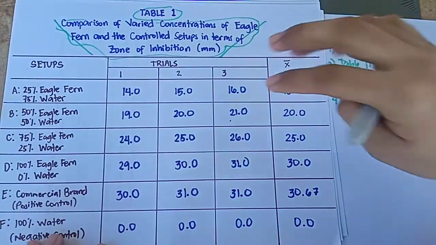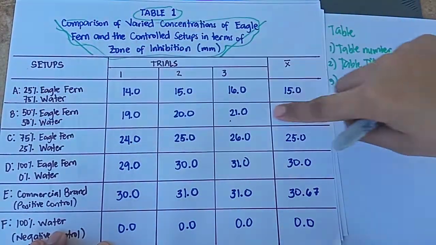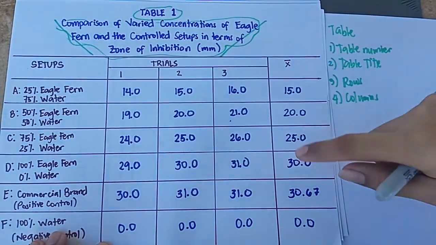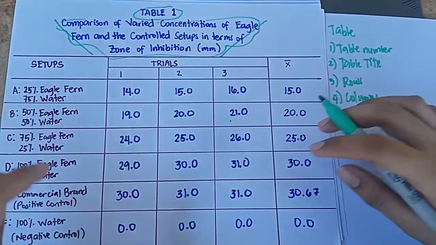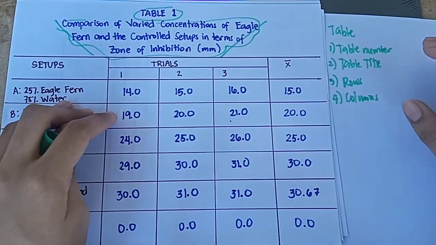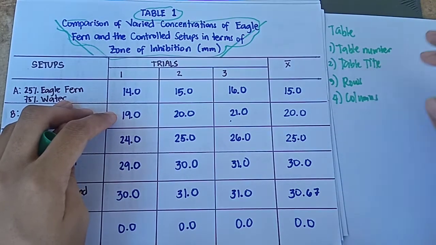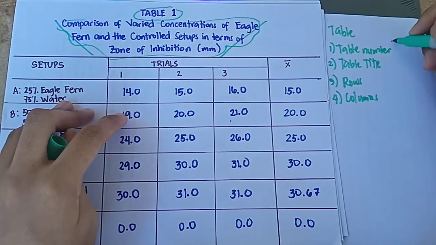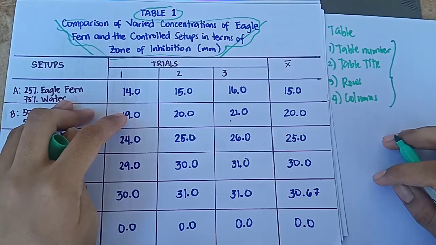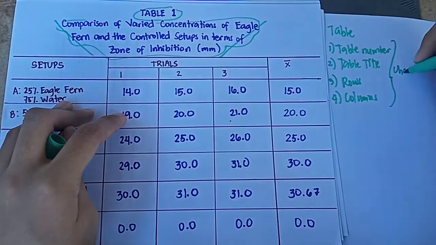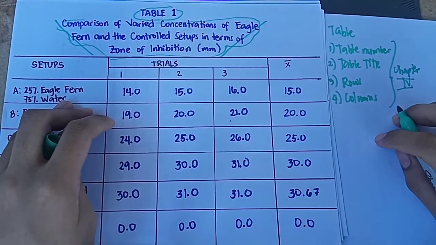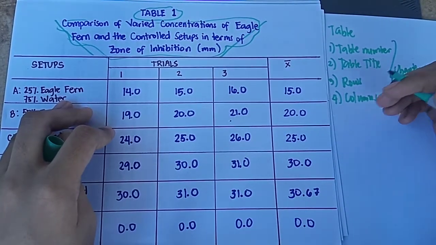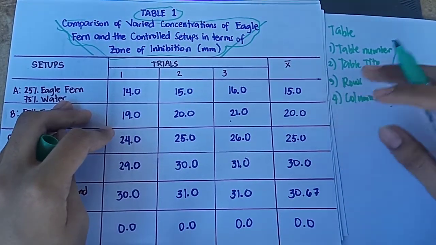Next, we have the rows. So, this one signifies the rows. And we have the columns. And where do we commonly use the table? We use the table in chapter 4 of our research paper.